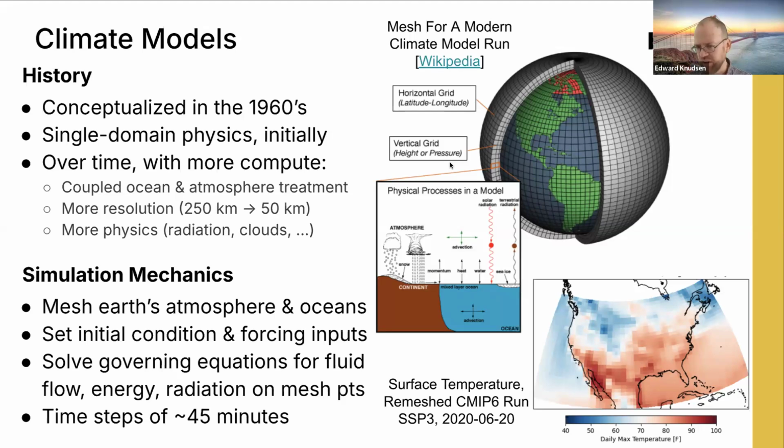I've regridded this from the native climate model resolution to something that we use for analysis, but it's indicative of the sort of resolution you get from these simulations. And you can see this is a plot of daily max temperature ranging from 40 Fahrenheit to 100 Fahrenheit. And you can see that it's certainly able to capture tremendous spatial dependency, but not at the resolution of some of the weather models that I've talked about.